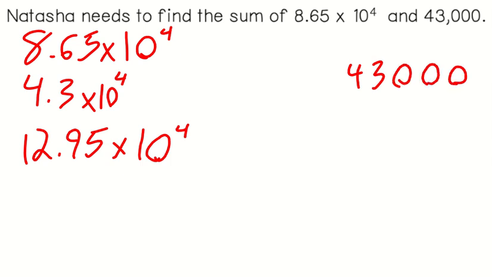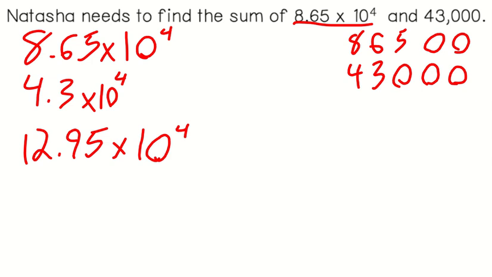So for the other way, 43,000. Right? What's that scientific notation in standard form? How many zeros should I have on there? 2. I got 2 digits already after the decimal, so I need 2 zeros. Then I got my 5, my 6, and my 8, so that's 86,500.